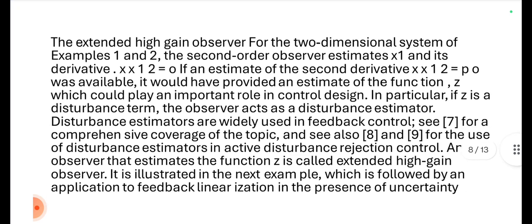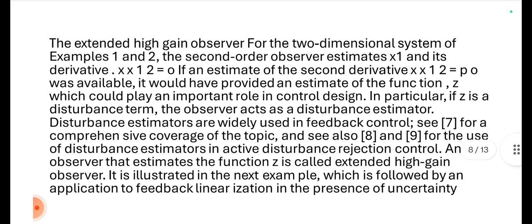The extended high-gain observer for the two-dimensional system of second order estimates x1 and its derivative. If an estimate of the second derivative were available, it would provide an estimate of the function φ, which could play an important role in control design. In particular, if φ is a disturbance term, the observer acts as a disturbance estimator.